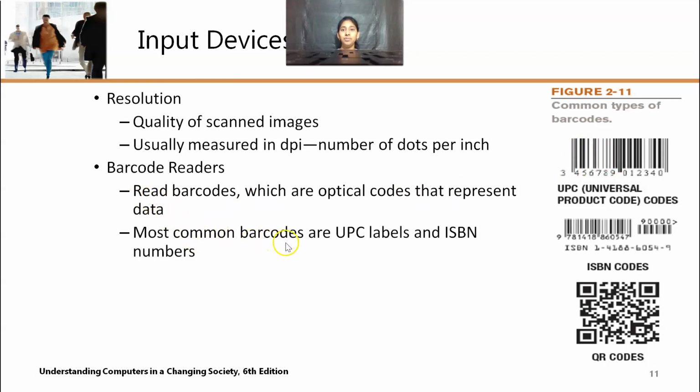The most common barcodes are UPC labels and ISBN numbers. UPC is the Universal Product Code, a unique code given to a product. When you go to the grocery store, each product has a unique UPC code. They are scanned using barcode readers.